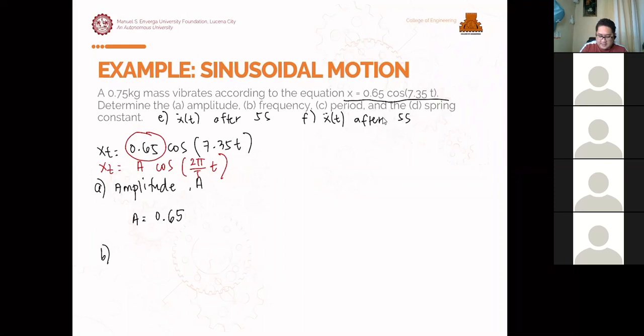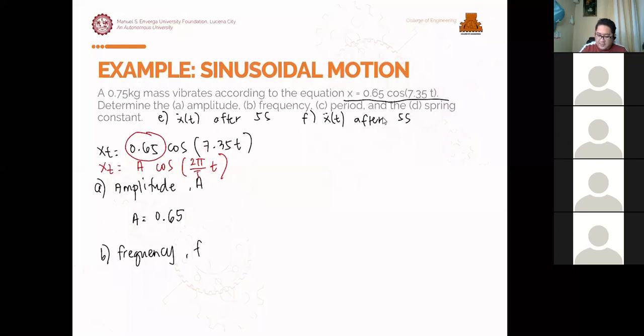Next, frequency. Anong value ng frequency? So, pag tinignan ulit natin yung formula dito, yung 7.35 dito, pertaining siya doon sa 2 pi over T natin.